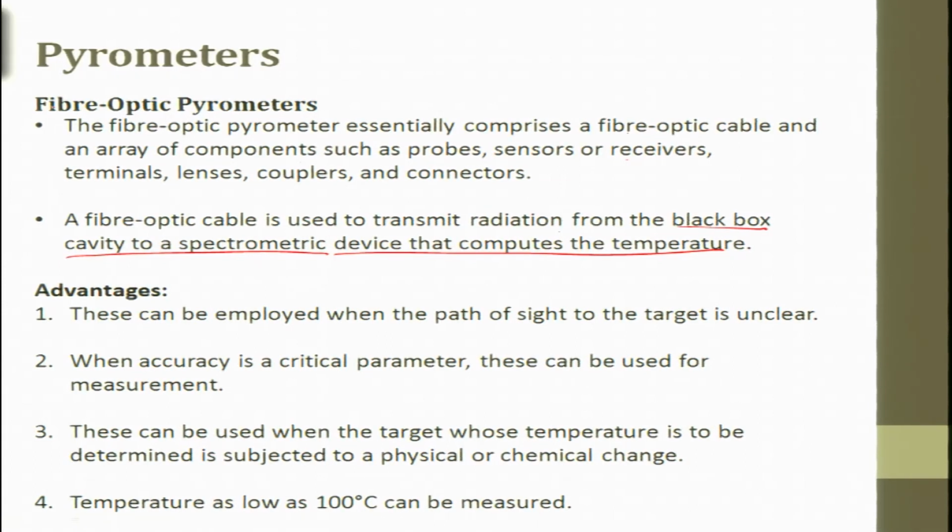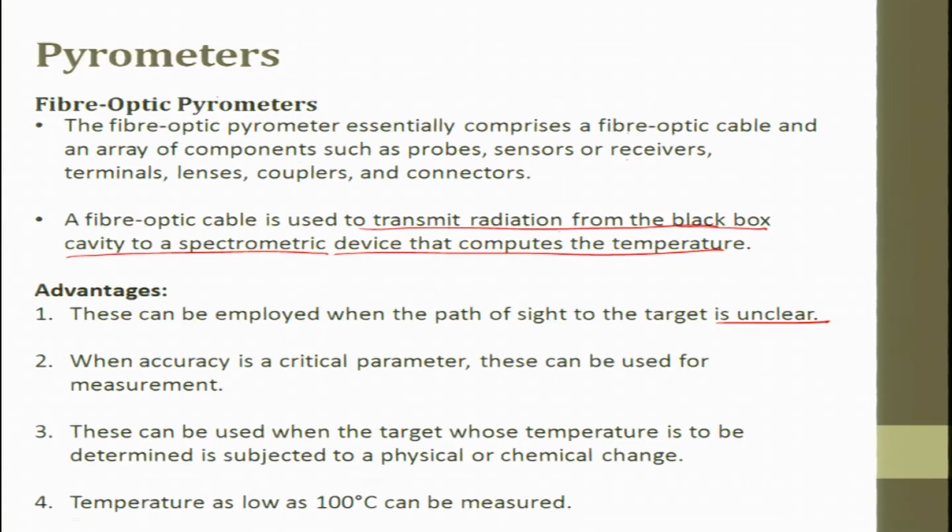So, this is the technique with which the fiber optic pyrometer works. It transmits radiation from a black box cavity to a spectrometric device that computes the temperature and lets you know.